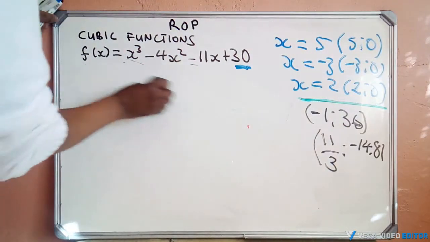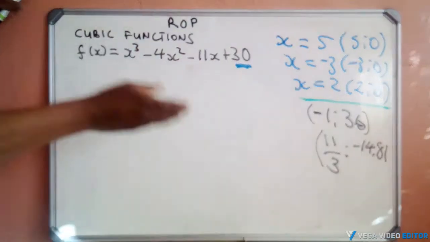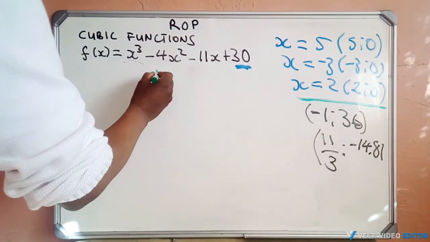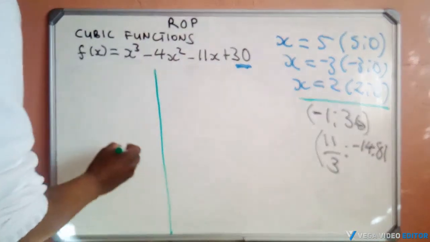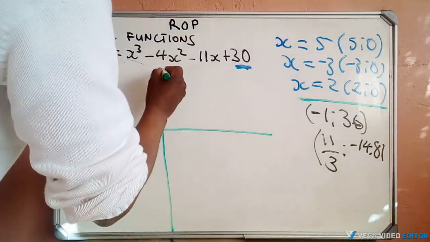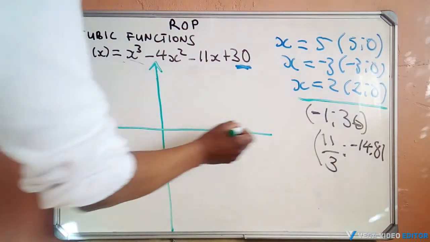Remember, a sketch is not going to be drawn to scale. It's a sketch, all right? So use your imagination when you are drawing the sketch. This is your y, and this is your x.